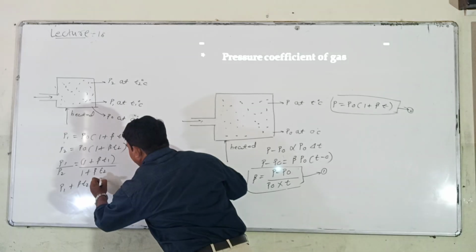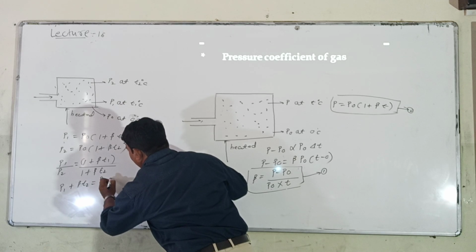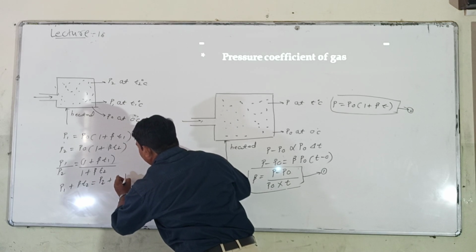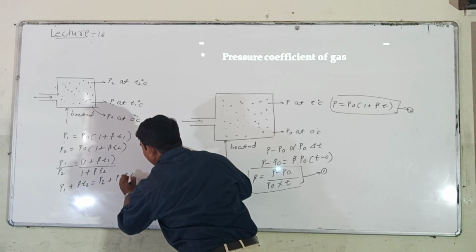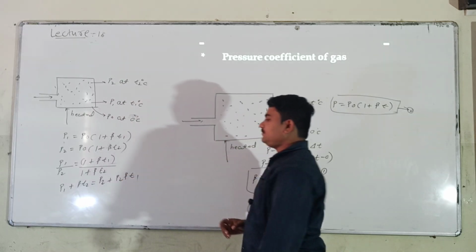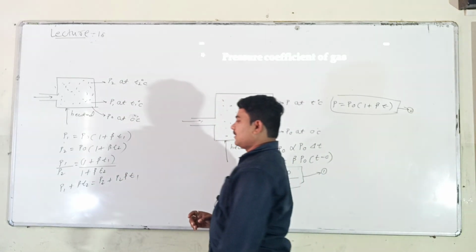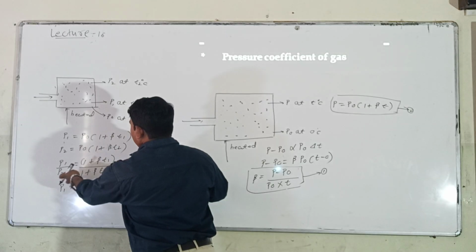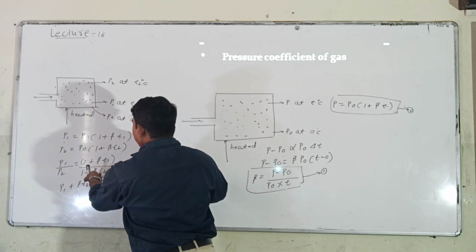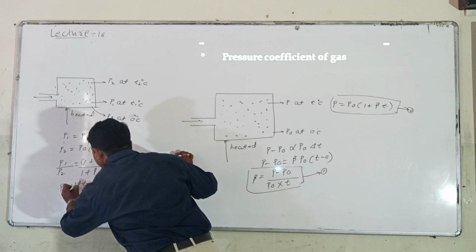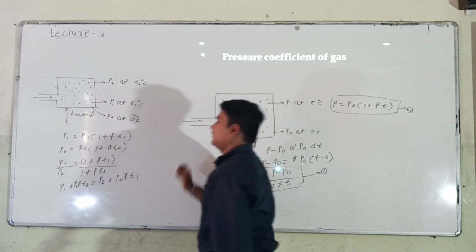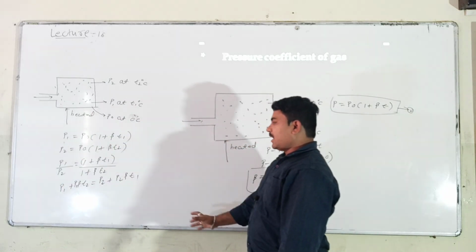Just cross multiplication: P1 into 1 plus beta T2 equals P2 into 1 plus beta T1. That is P1 plus P1 beta T2 equals P2 plus P2 beta T1. Right or wrong?